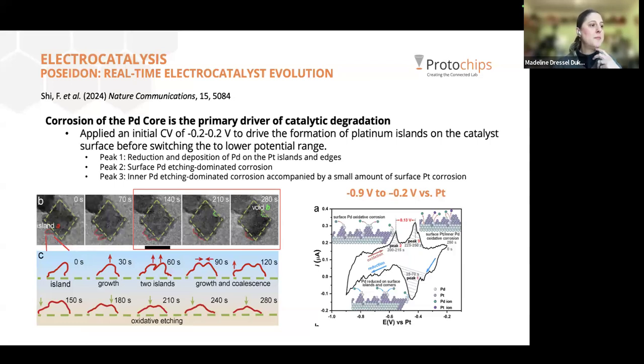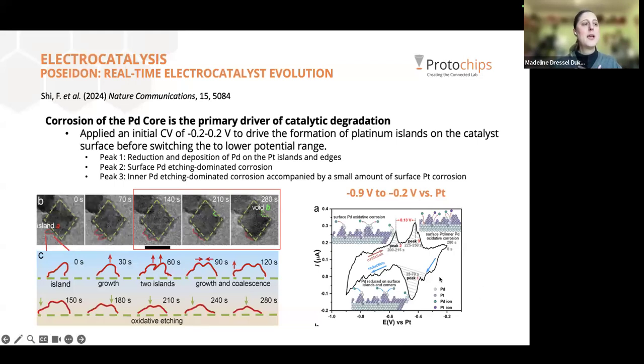The second peak is dominated by, once that shell is damaged, the palladium really beginning to corrode. So this peak is the palladium etching, and peak 3 is more etching of the palladium from deeper within that core, as well as some additional platinum surface corrosion.